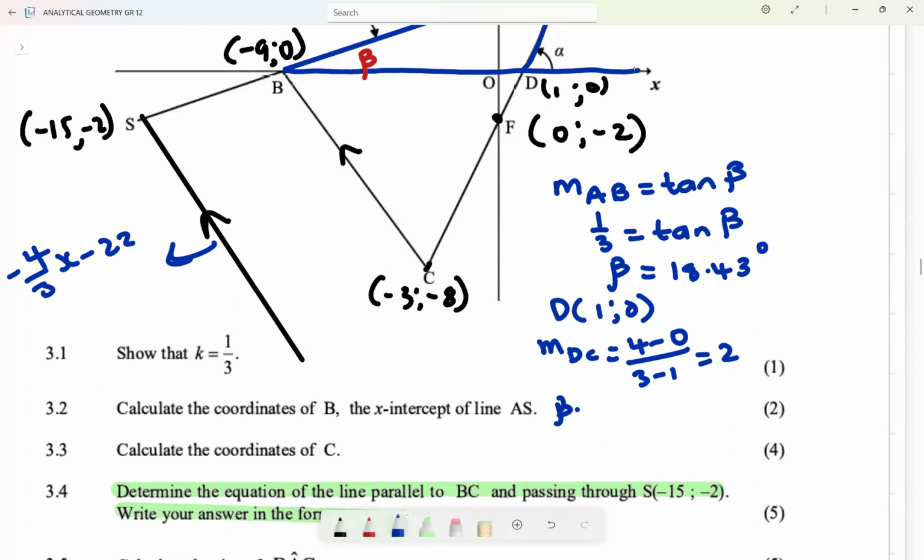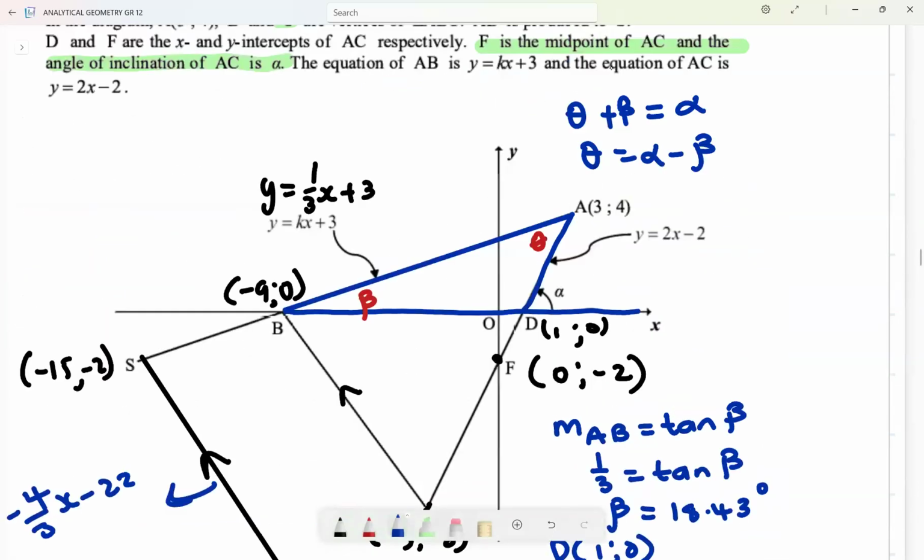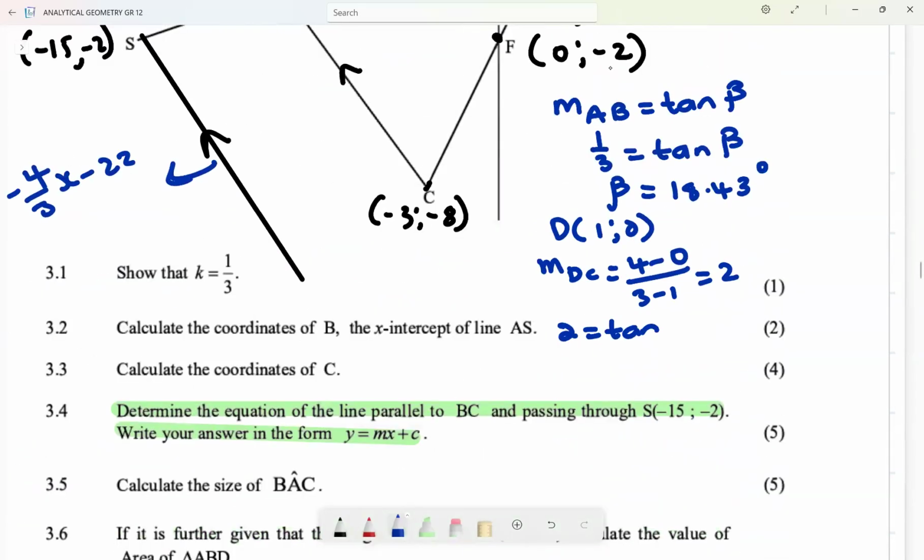So if the gradient is 2, remember, guys, 2 is equal to tan of the angle between DC and DA. This is DA, so it's tan of alpha, and alpha is 63.43 degrees.